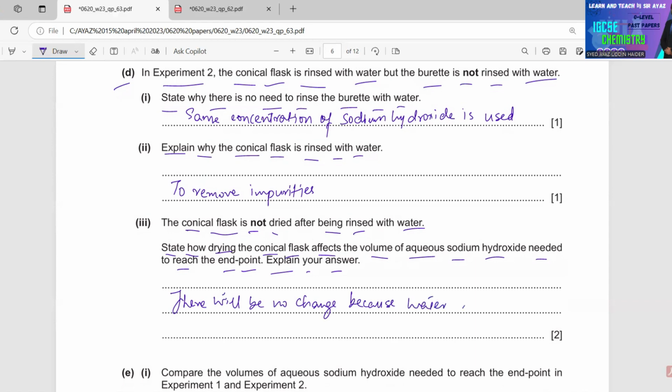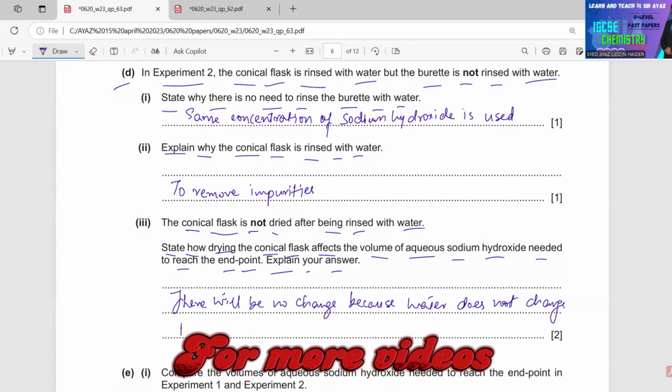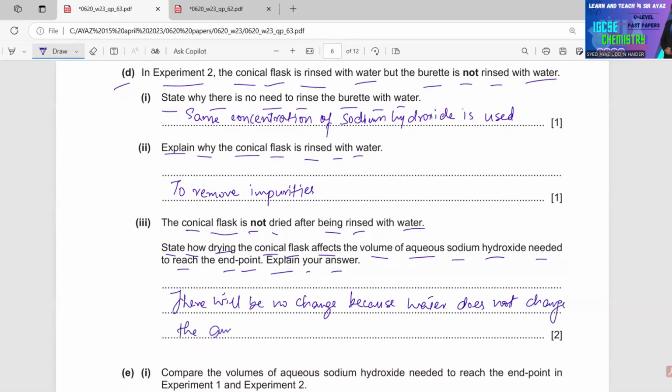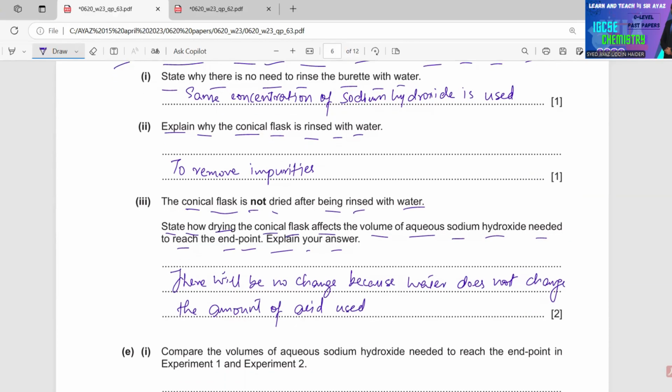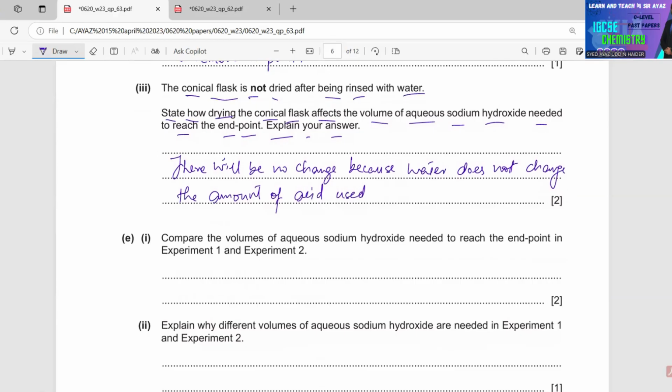Water does not change the amount of acid used, because it's in excess. We are using a measuring cylinder. Acid is in excess.